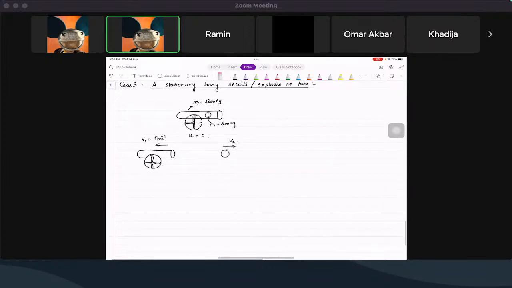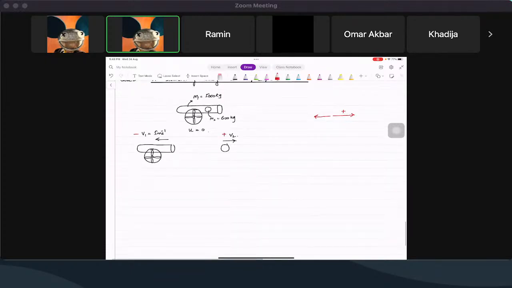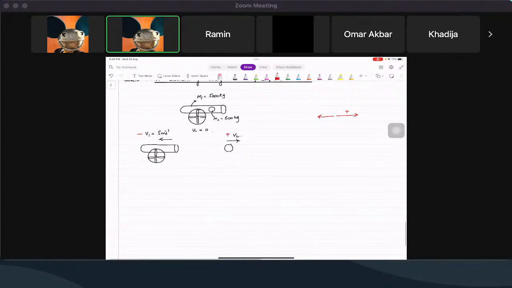So what you're going to do is assign the signs. Let's take positive here. So the first one has no sign. This is positive, this is negative. Now I'm going to write the equation. M1 u1 plus M2 u2 equals M1 v1 plus M2 v2. Initially, both of them are 0 because they're not moving at all, so the momentum is 0.